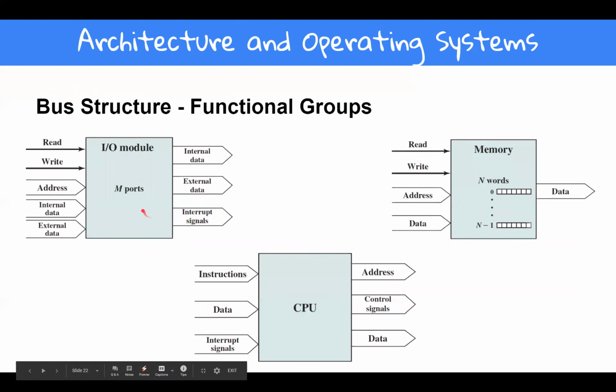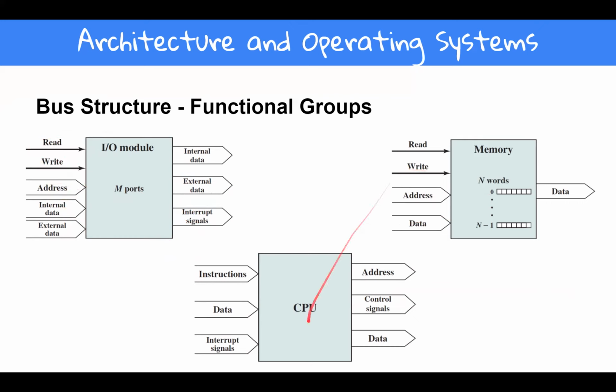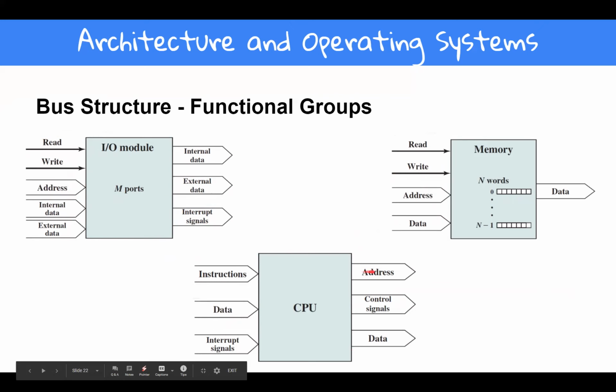At the beginning, we discussed different types of exchanges: data, read and write signals, and addresses. Address and data for memory, signals for the CPU. When we have all of these different types of exchanges, we need different types of buses.